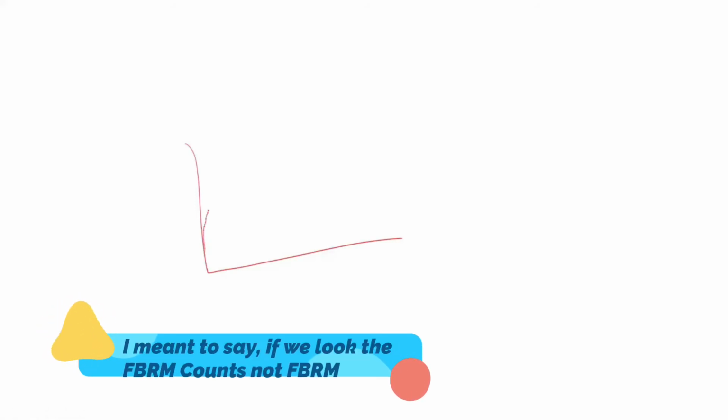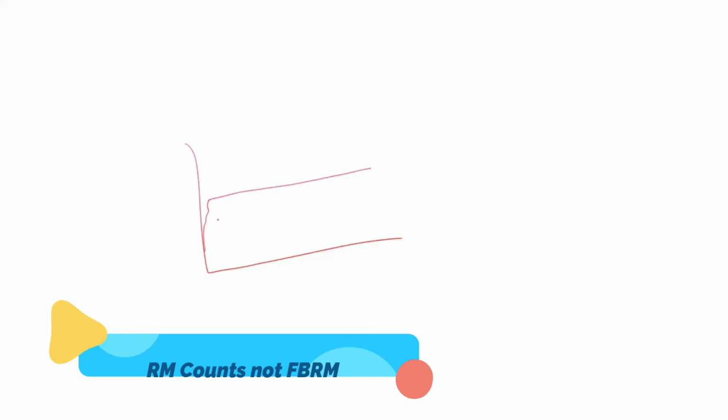If you look at the FBRM, you will see a sudden slight increase in the beginning, and then it becomes constant, no matter what the particle size is, whether it's fine, less than 10 microns, or 10 to 100 microns. We see this trend, a sudden jump followed by constant.